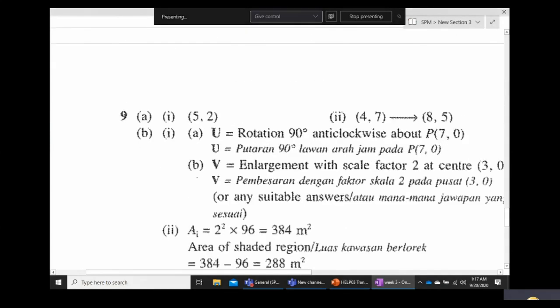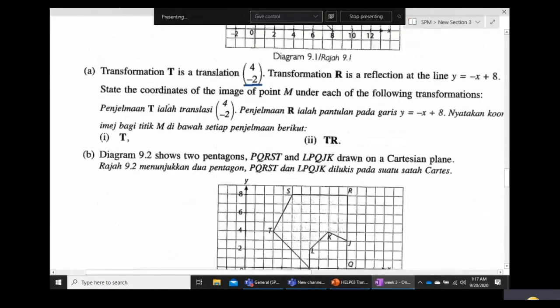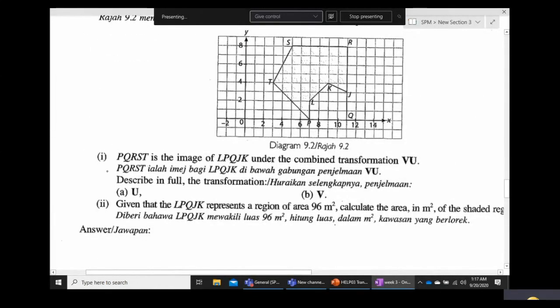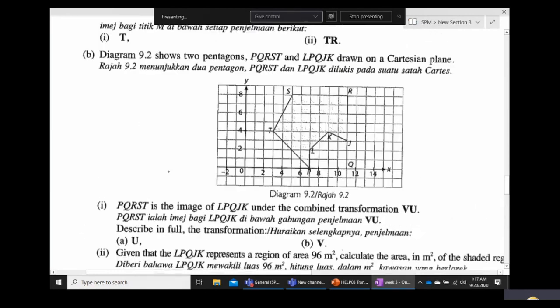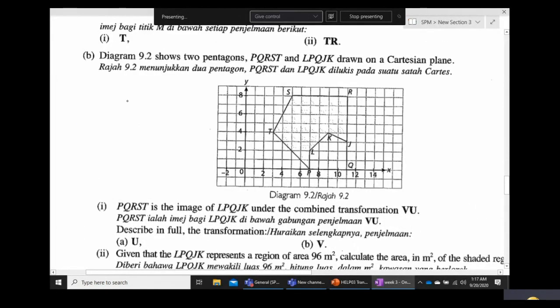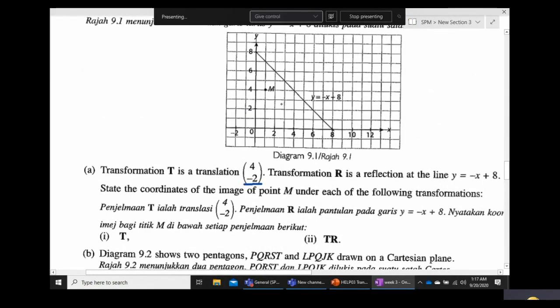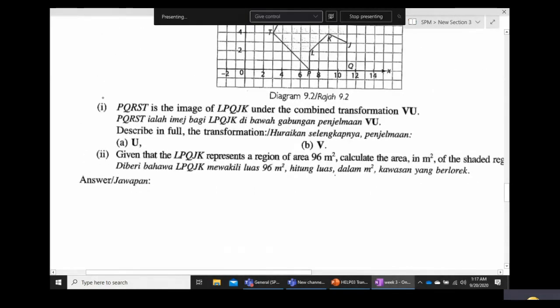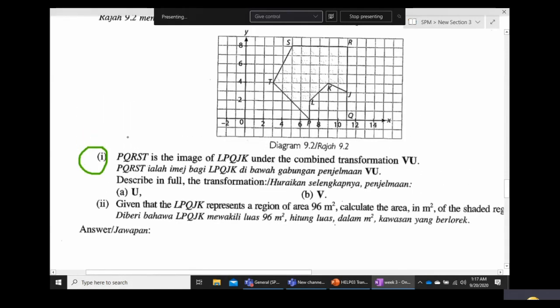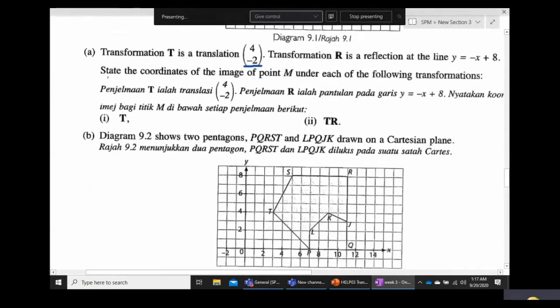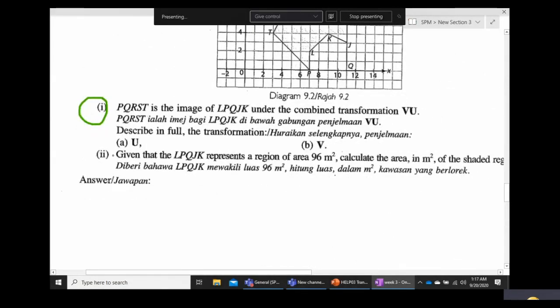A and B1 I think should be okay. Wait, no. A is okay, nothing difficult, similar to previous questions. B part 1 is the challenging one. So let's look at our last question. For A and B part 2, you try to do.